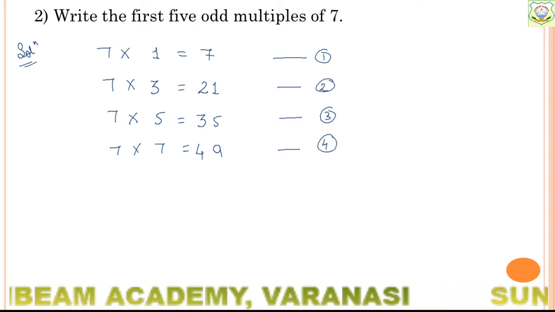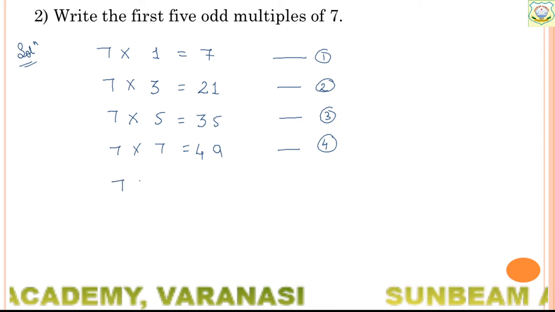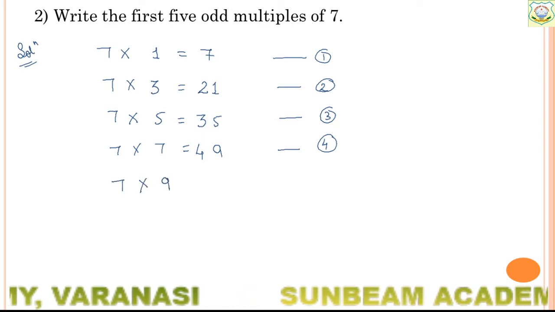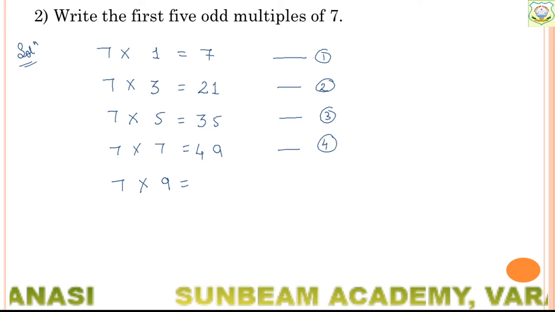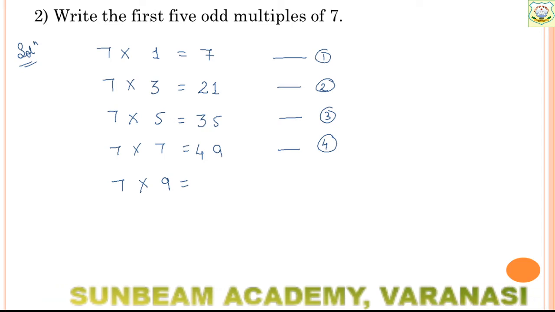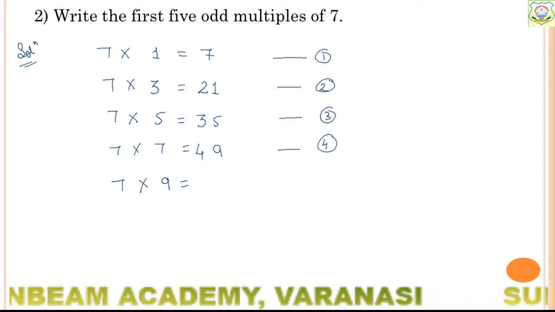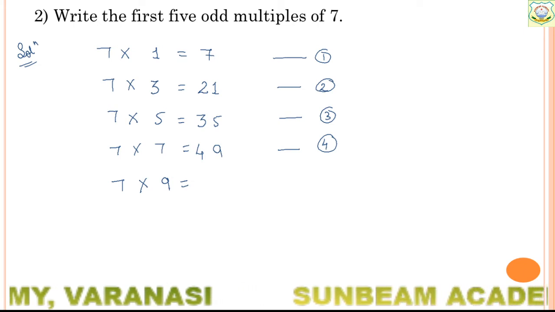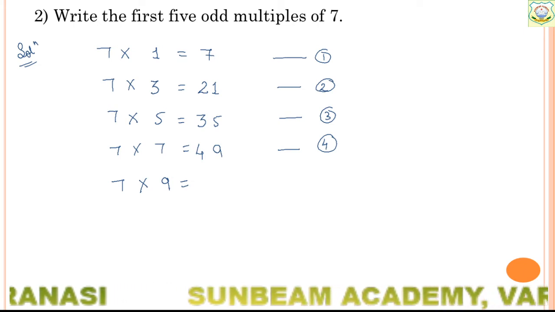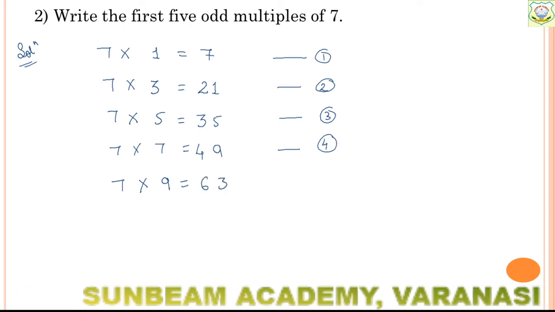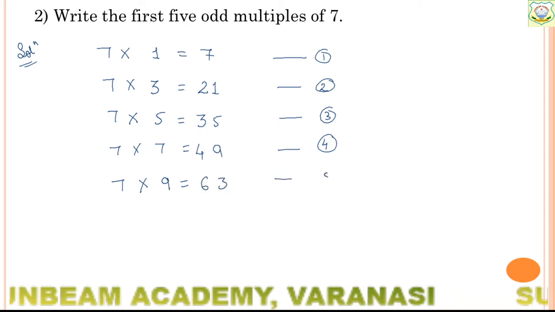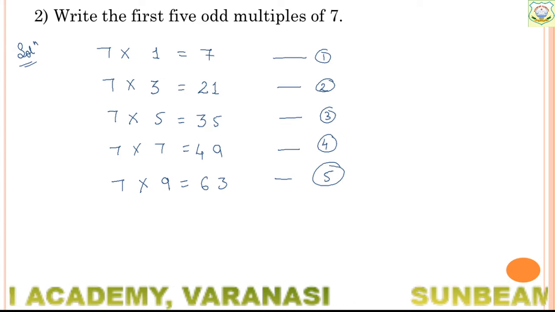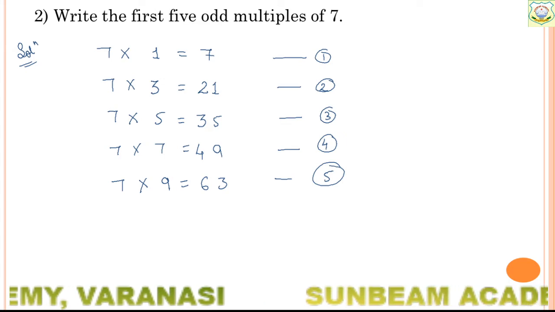Yes, 7 multiplied by 9. So now 7 multiplied by 9 is 63. So what we have got? We have got the first 5 odd multiples.